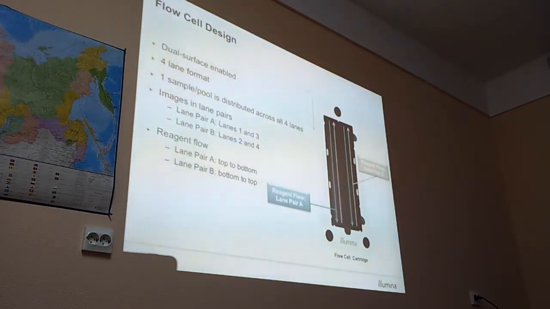This is important also for the engineer and application specialist to know, because sometimes if there is something wrong, you can see which lanes are affected. So this can be some indication.